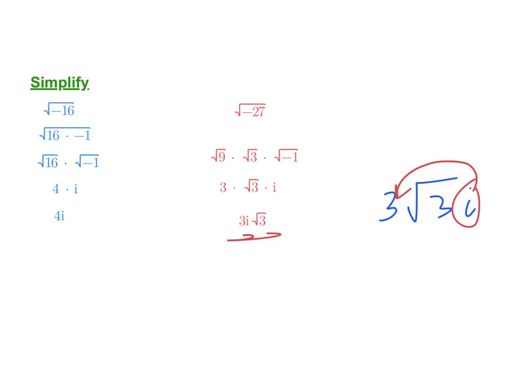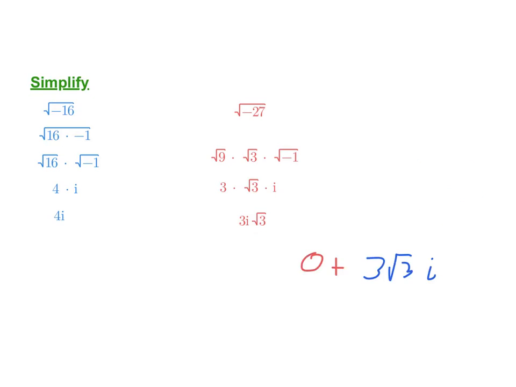Now, that being said, 3i root 3 is not a plus bi form. So if you are asked to put it in a plus bi form, in complex number form, you would have to, and notice how I overcompensated for the amount of space that I put in between the radical and the i. So I'm leaving no question about the fact that the i is not underneath the radical.